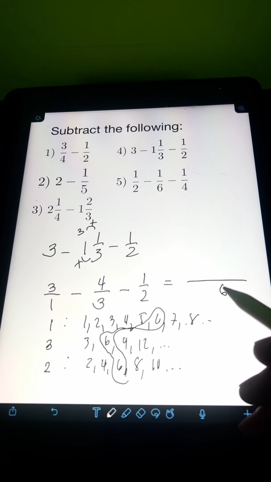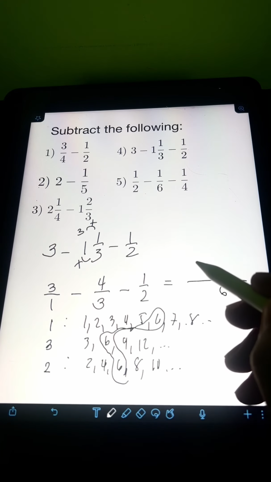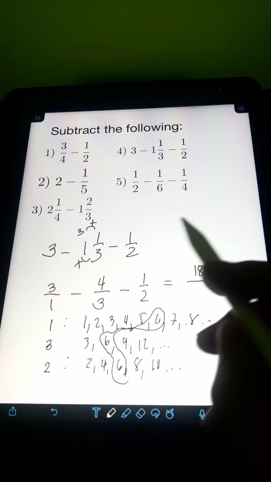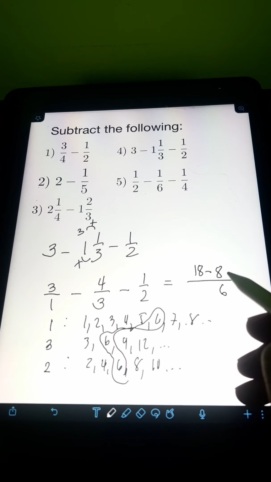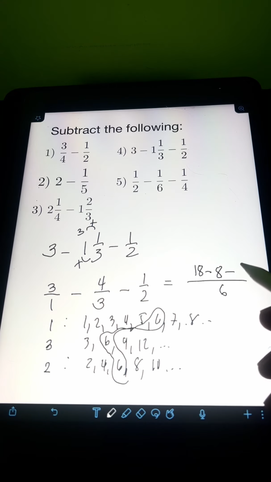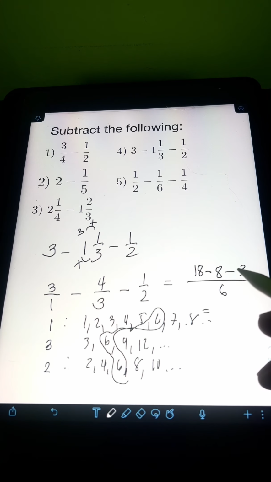Okay, so do the steps. So 6 divided by 1, that's 6 times 3, 18. Minus 6 divided by 3, that's 2 times 4, 8. Minus 6 divided by 2, that's 3 times 1, 3. So subtract 18 minus 8, that's 10, minus 3, 7.